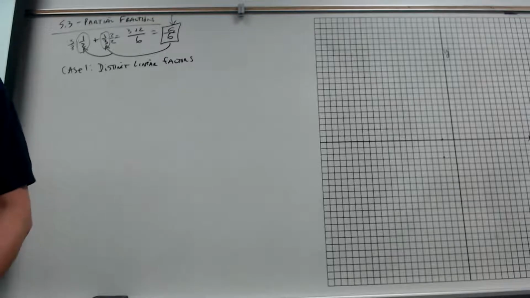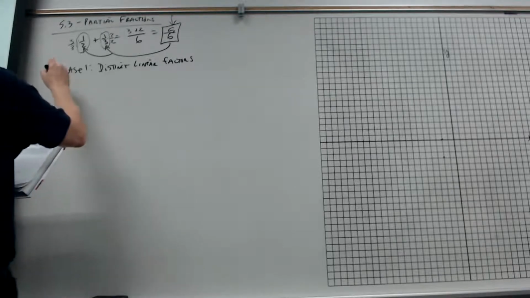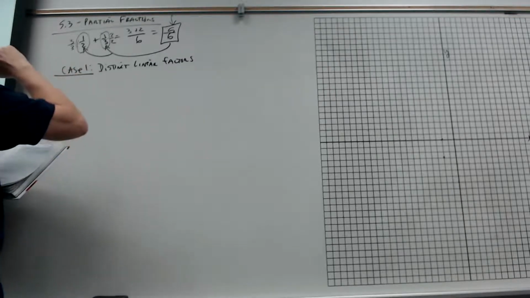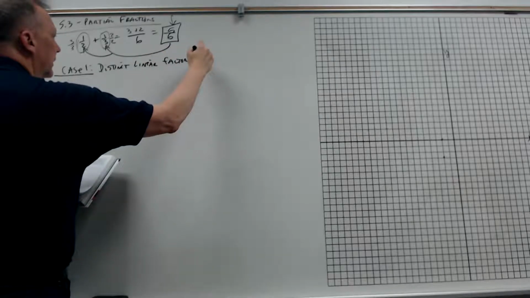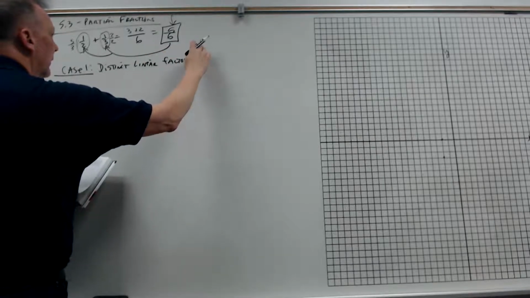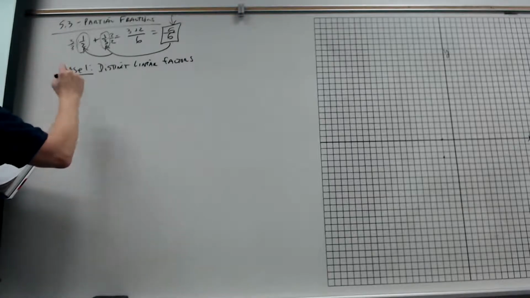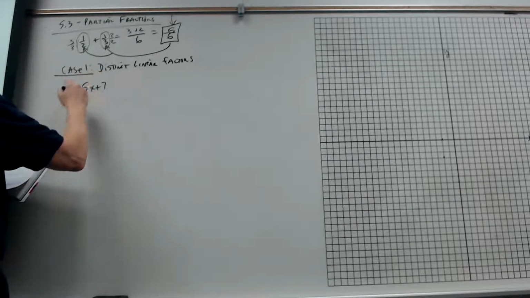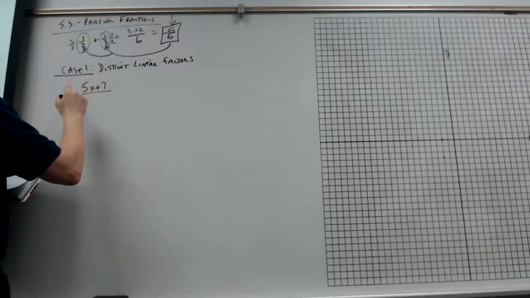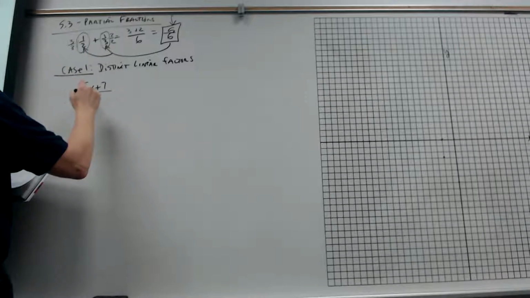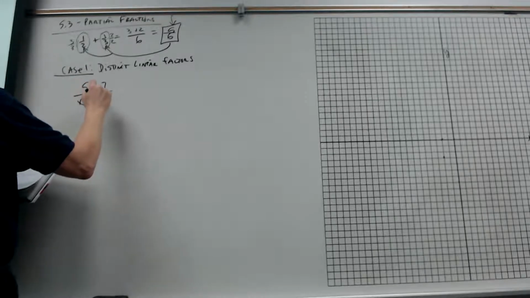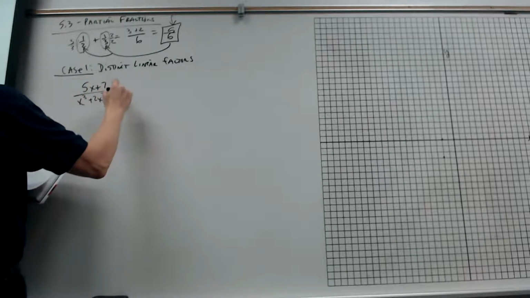We'll save the rest for tomorrow, okay? All right, so case 1, distinct linear factors. Okay, let's say that I want you to find partial fractions for 5x plus 7 over x cubed plus 2x squared minus x minus 2.